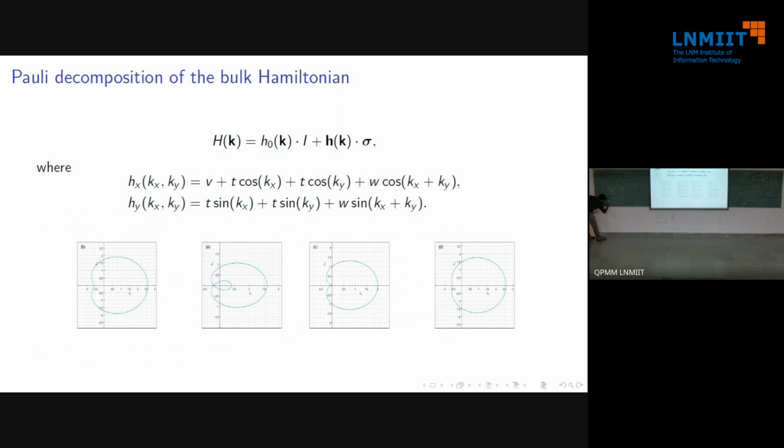At every point in this path, we have one Hx and Hy which is continuous, and we try to close this one. So if I take 0.4, 0.6, 0.2, I might have a circle like this. Now if I go for 0.3, 0.7, 0.1, this becomes bigger.